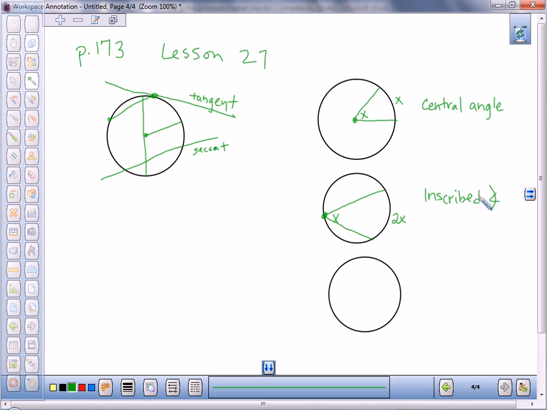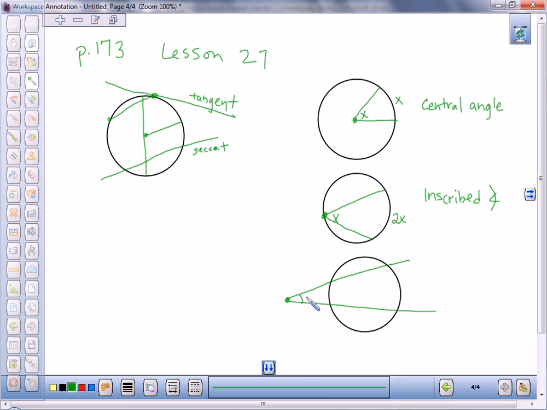If you have an angle whose vertex is outside the circle, would it be the outer one minus the middle one divided by 2? Yeah.